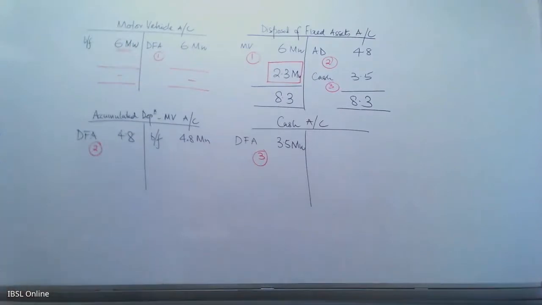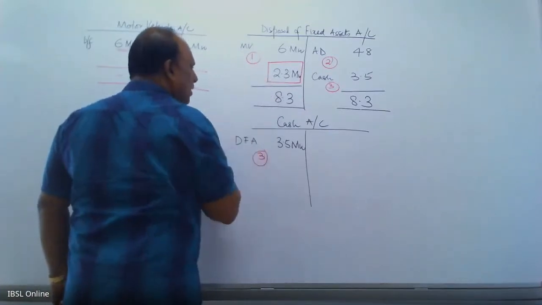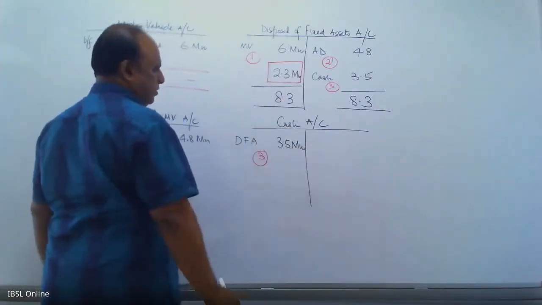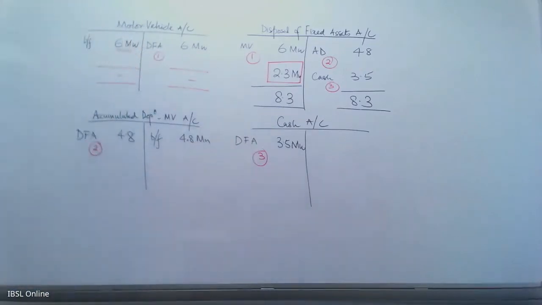Now what is the 2.3 million? Here you are debiting 2.3 million, which means you have to credit somewhere. That credit is what I have given under the next set of entries.